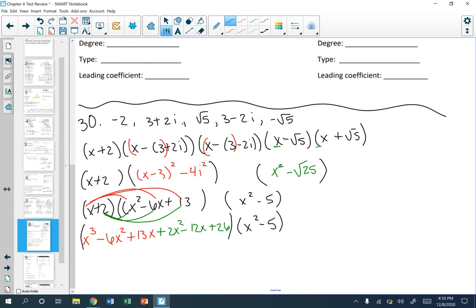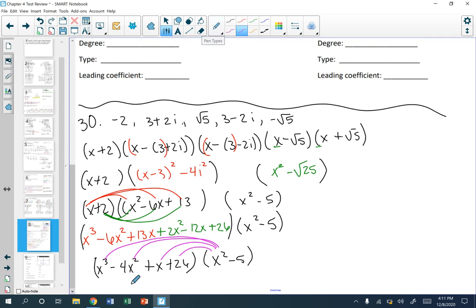Okay, now I combine my like terms, and I get x cubed minus 4x squared plus x plus 26 multiplied by x squared minus 5. Okay, one last distribution here. I need to multiply my x squared by everything to get x to the 5th minus 4x to the 4th plus x to the 3rd plus 26x squared. And then multiply my negative 5 by everything.